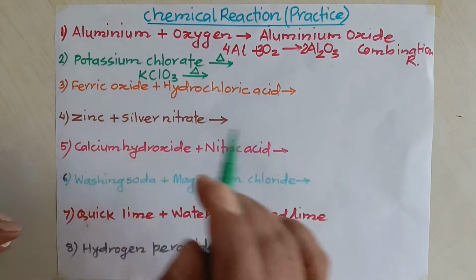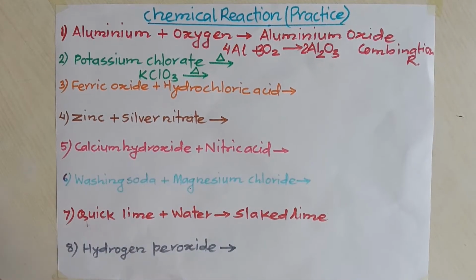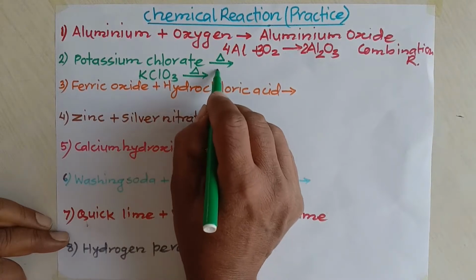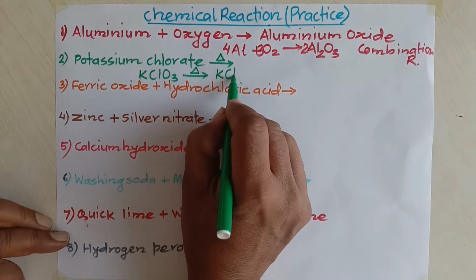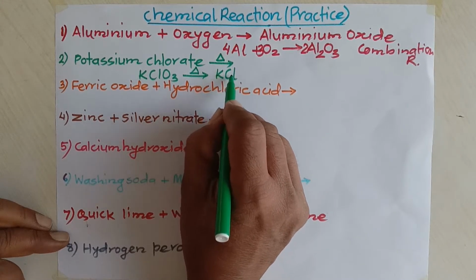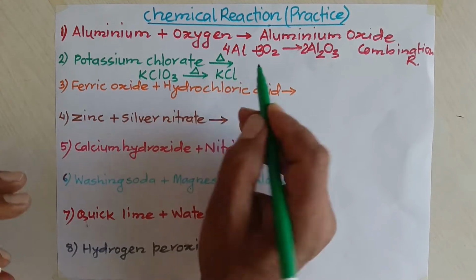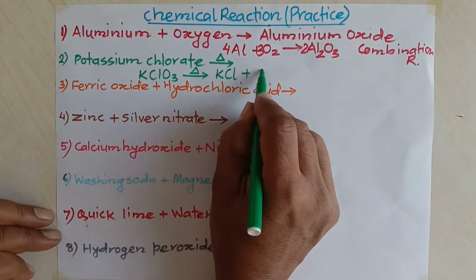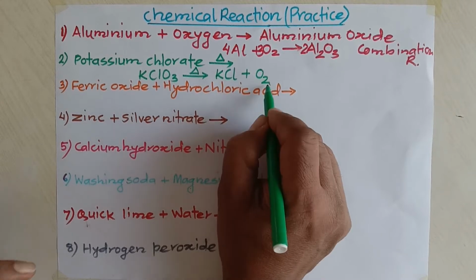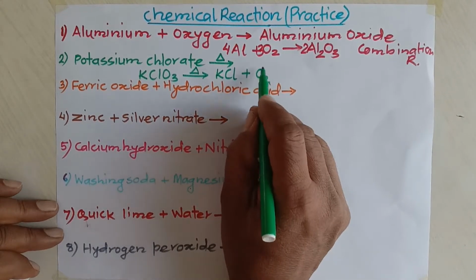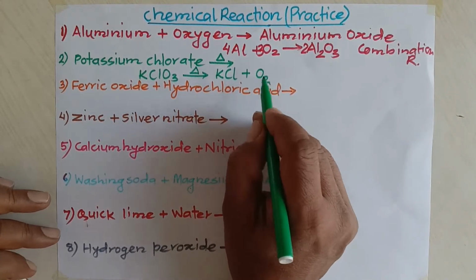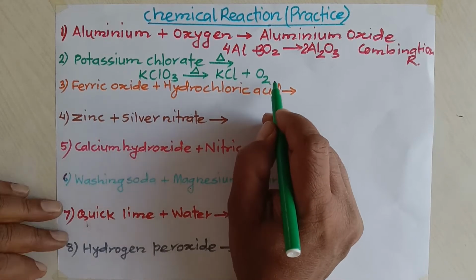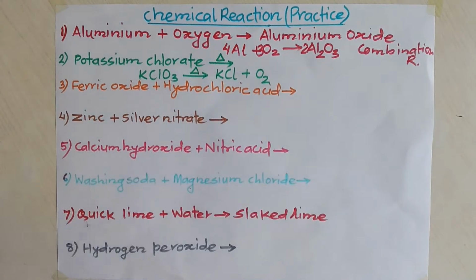This is one of the methods of preparation of oxygen gas in the laboratory, by the heating method. And when it decomposes, it converts to potassium chloride, potassium 1, chlorine 1, no exchange, equal valency, plus another product, oxygen. And whenever oxygen becomes free, we have to write the molecule of oxygen O2, because it is diatomic in the free state.